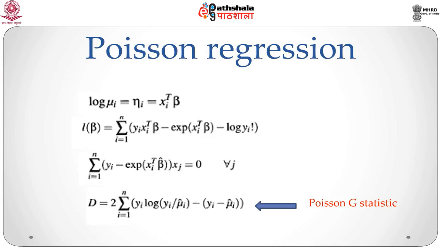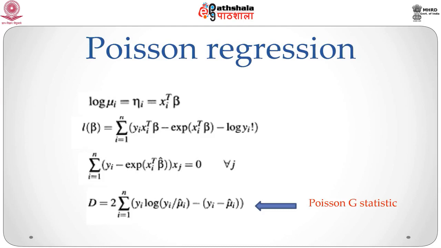We shall assume the canonical link, which you know for the Poisson regression is the log link, and thus log mu i is equal to the linear predictor eta i equal to xi prime beta. xi prime beta is constructed using the covariates of area, elevation, nearest, scruz, and adjacent, with beta giving the corresponding unknown regression coefficients.